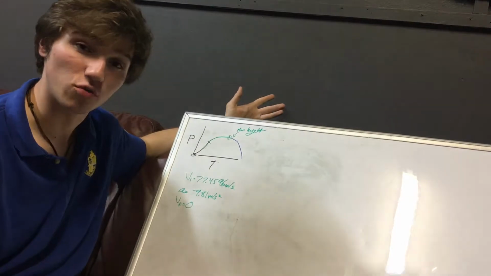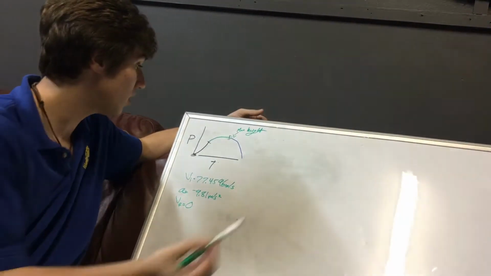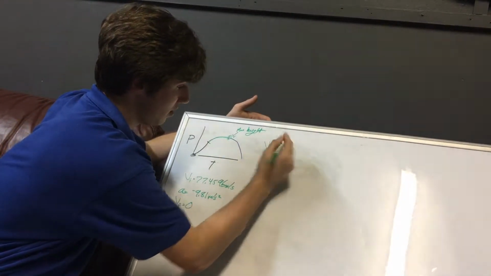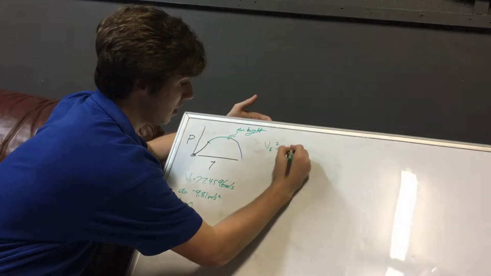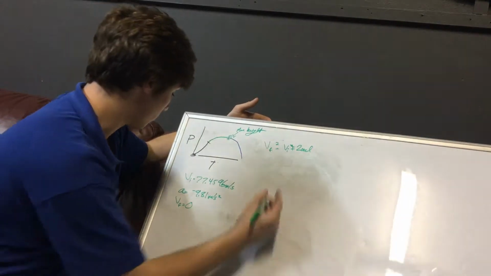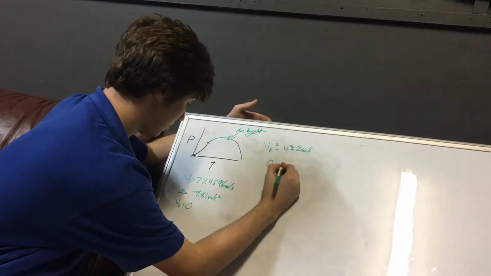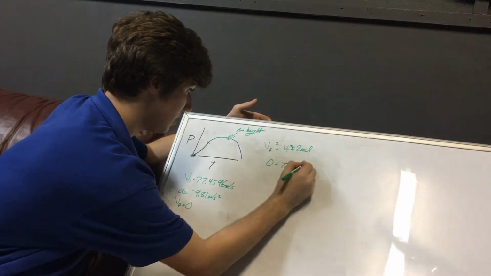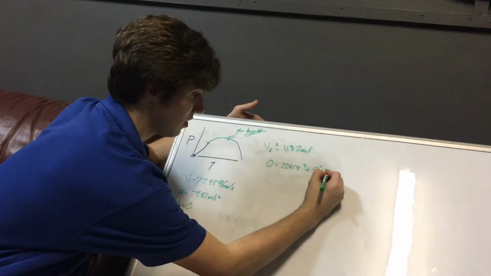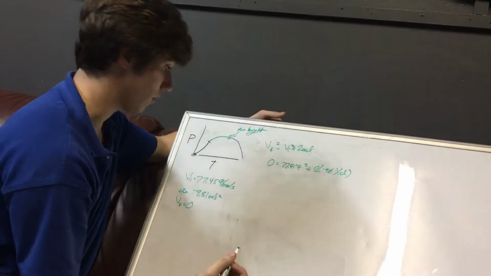Okay, so section 2, we're going to find the maximum height that Dart got to at this point. For that, we're going to use the formula VF squared equals VI squared plus 2AD. So we just have to start plugging in. VF is 0, so 0 equals 77.459 squared plus 2 times A, which now is negative 9.81 because it's gravity, and d is our variable we're searching for.